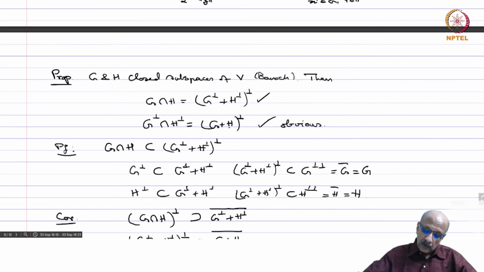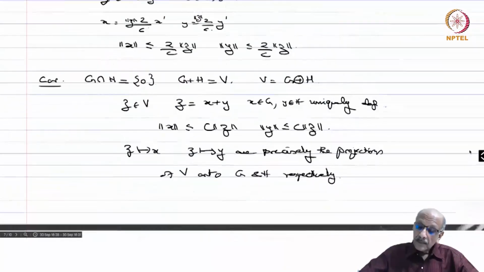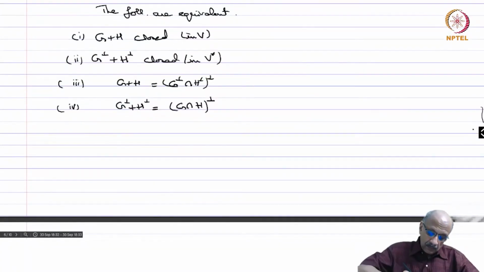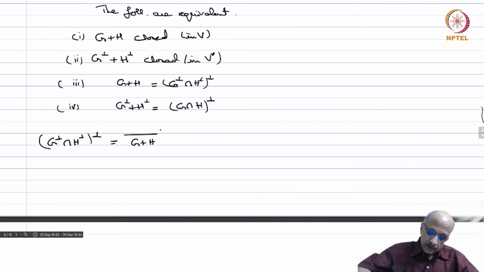And then we had the further corollary that (G perp intersection H perp) perp is the closure of G plus H. So (G perp intersection H perp) perp equals the closure of G plus H. So if G plus H is closed, then this is G plus H and you have relation 3.